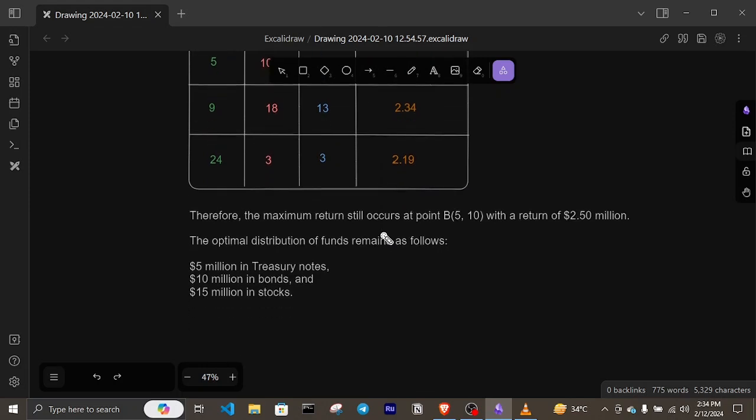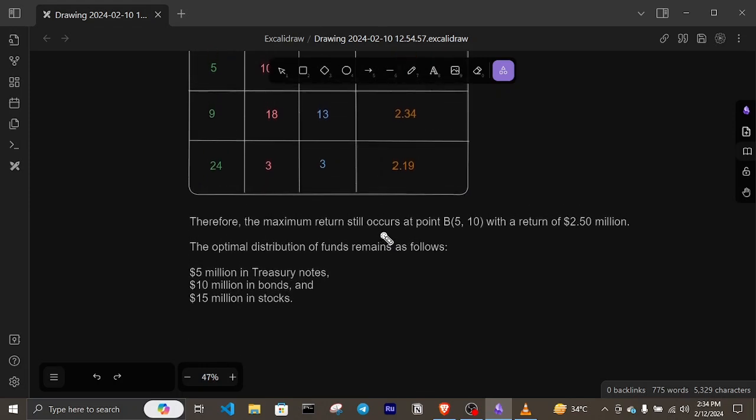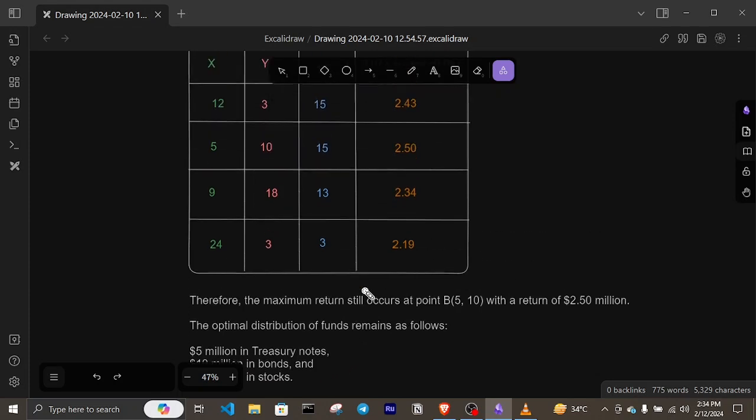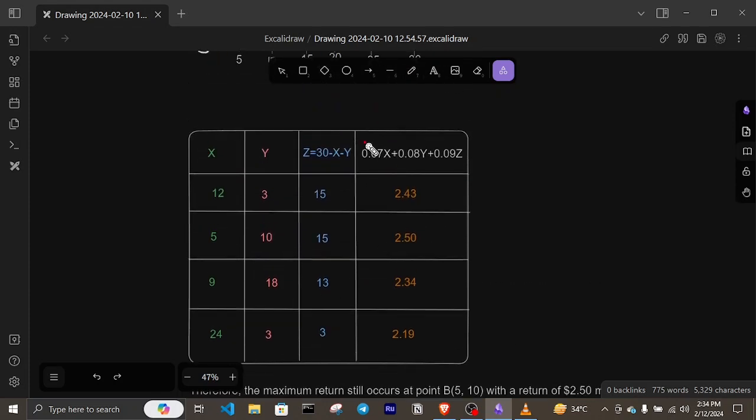And therefore, the optimal distribution of funds remains as follows: 5 million in treasury notes, 10 million in bonds, and then 15 million in stocks. So this is how we use the graphical method to optimize and bring out the maximum output from a set of constraints that we've been given.